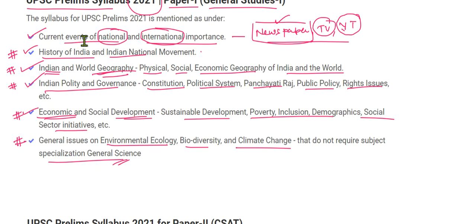Then don't depend on YouTube channels alone, and also TV, because they have their own views, and whenever you go through any news, you should not have any bias first of all. These YouTube channels have their own opinion, and instead of giving the information, they give you disinformation or malinformation.